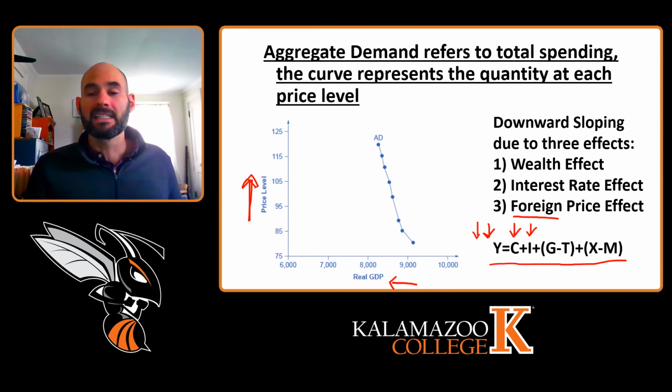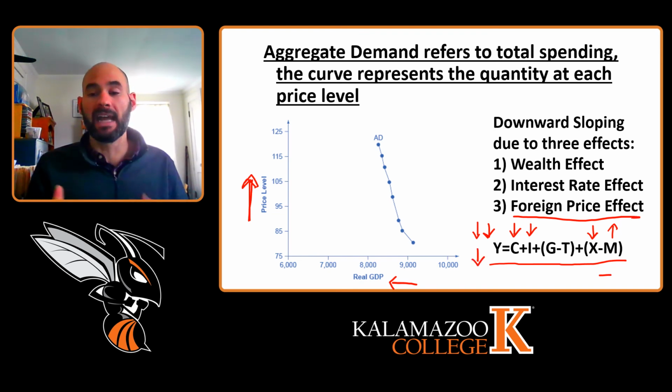The foreign price effect is going to imply that when prices are higher and the US dollar is stronger, our imports are going to go up and our exports are going to go down, which means that this term becomes more negative, which is going to decrease our GDP.